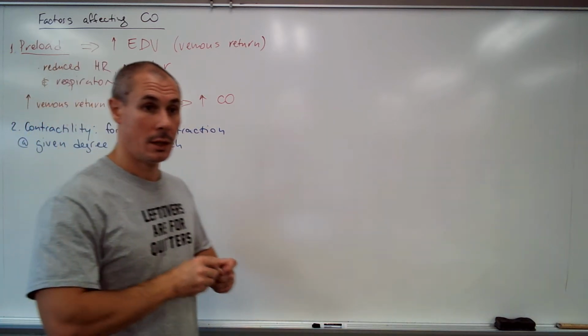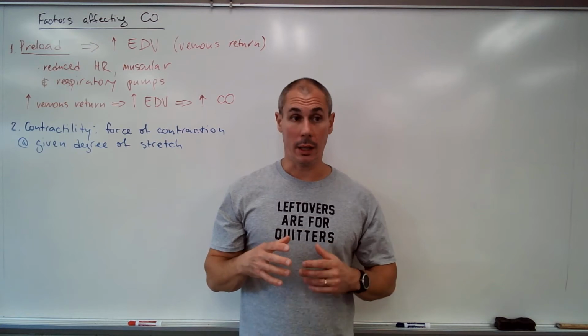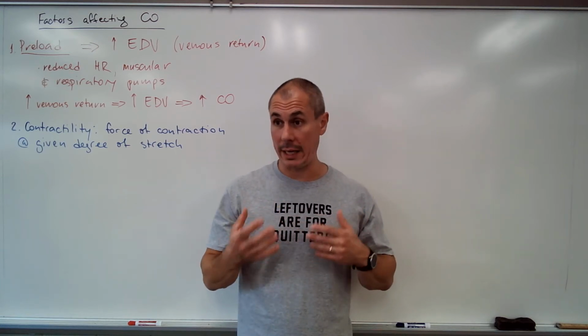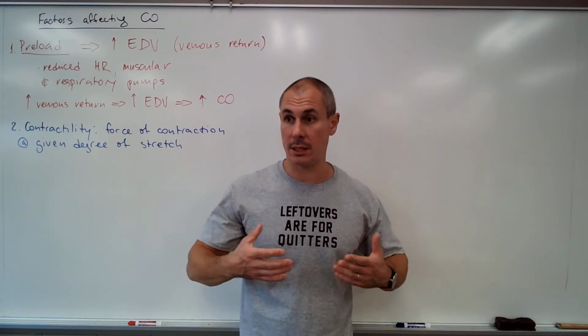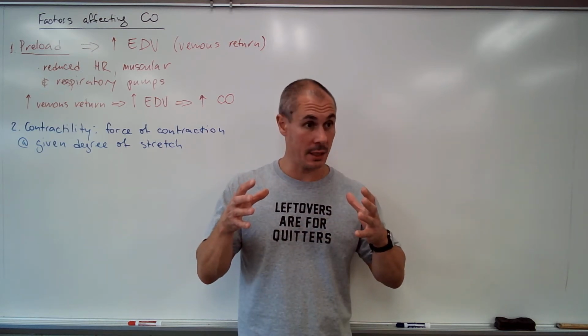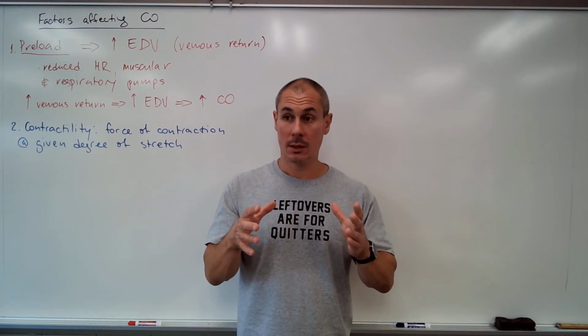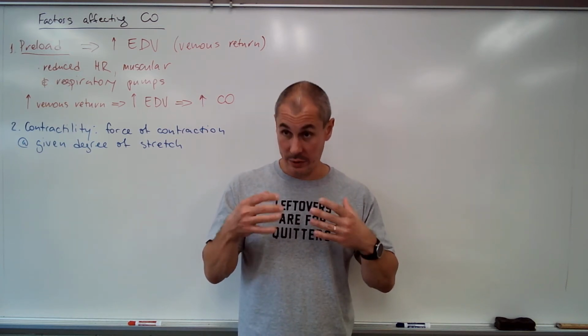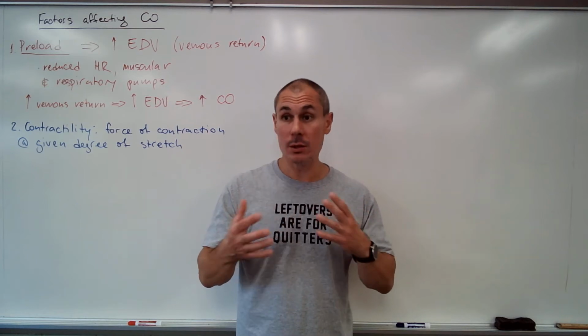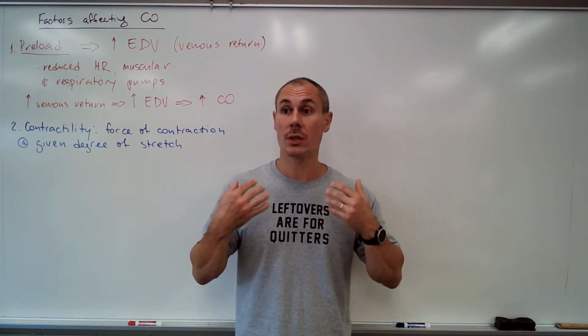Okay, does that make sense? So cardiac muscle, check this out. When your heart is at the end of diastole, when your heart is fully relaxed and is filled with blood, are you following me? Your heart is stretched out. Does that make sense? So at this particular degree of stretch, the heart can contract with different force. It depends on certain factors. So that ability to contract with a certain force is the contractility.